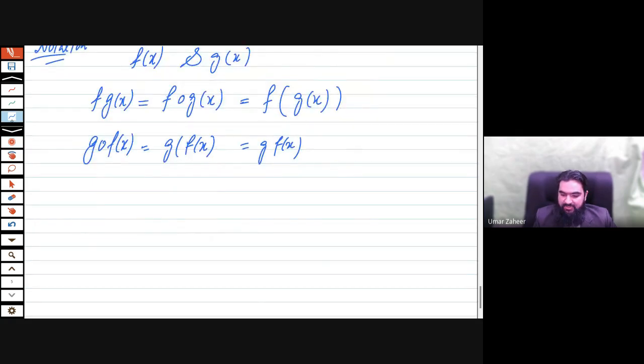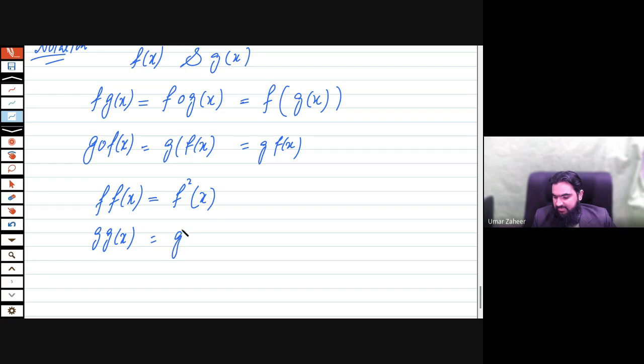For example, if you take f and f of x again, it can be written as f square of x. In the same way, if you have g into g of x, it can be written as g square of x.